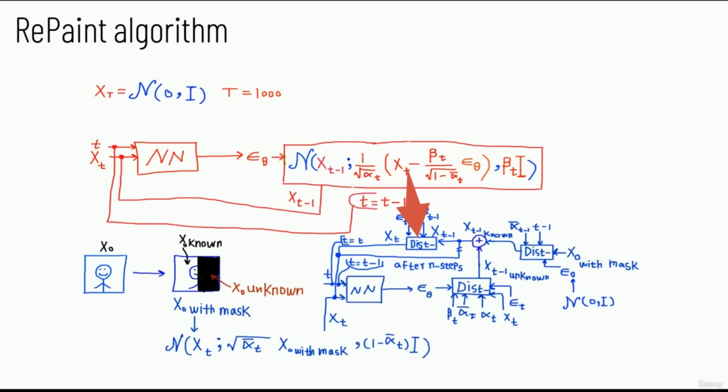This distribution, we will use it to move from xt minus 1 to xt. Now this xt is better than the previous xt because here the unknown region is more harmonized with the known region, like what we said previously.